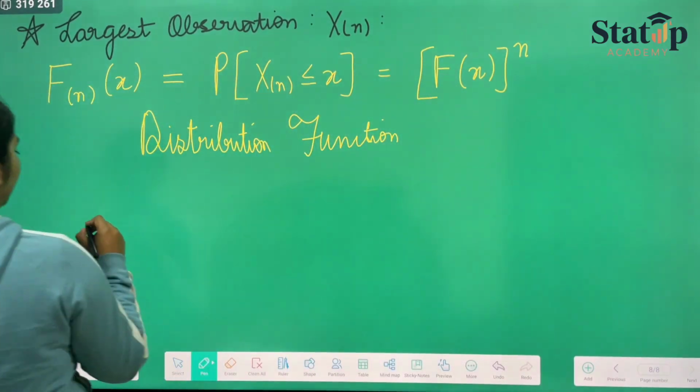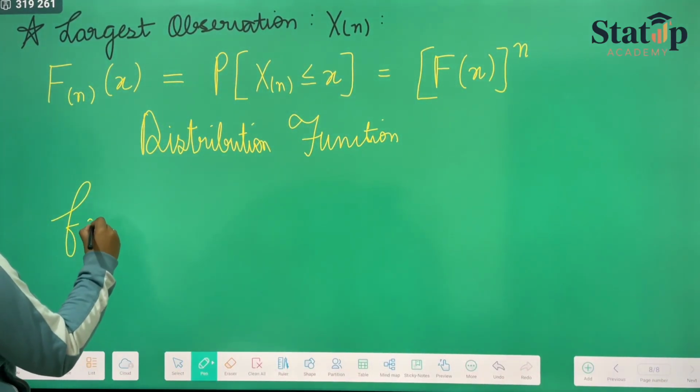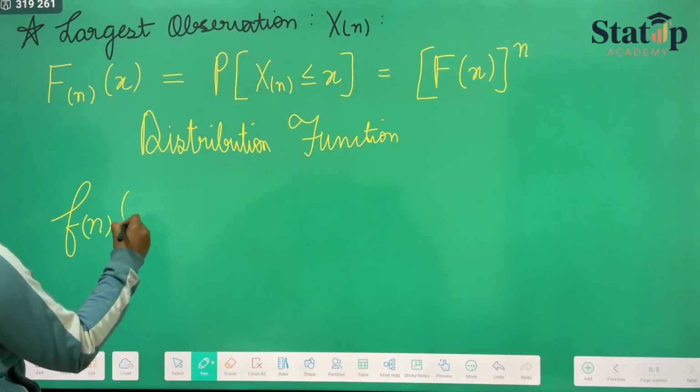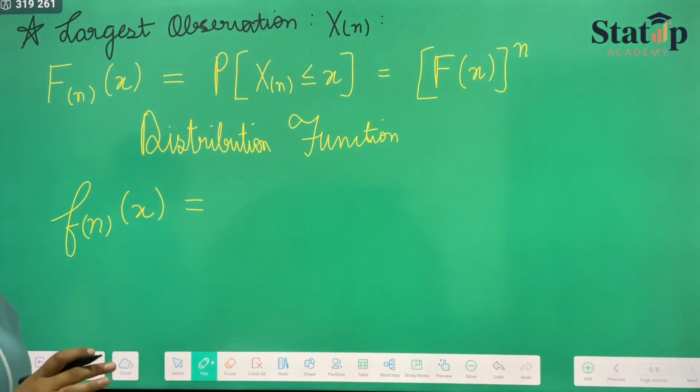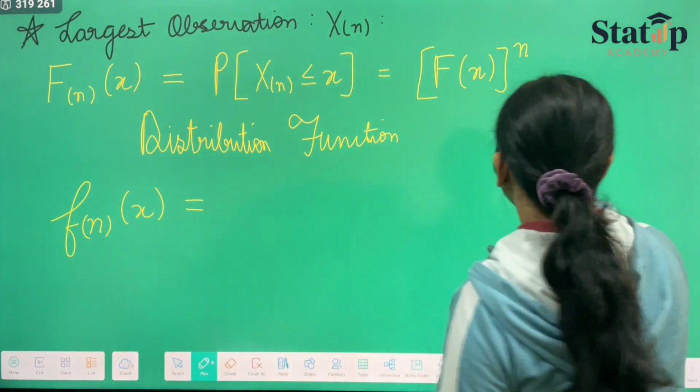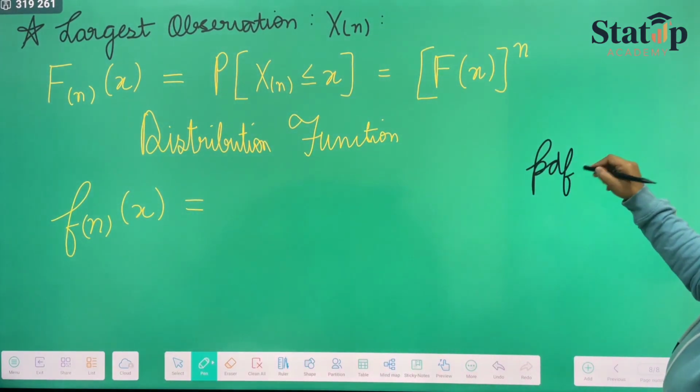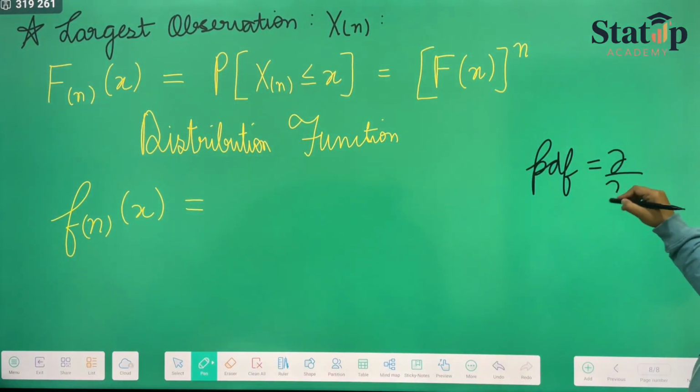If we talk about the PDF of the largest observation, it will be denoted as fn(x). The probability density function is the differentiation with respect to x of our distribution function.